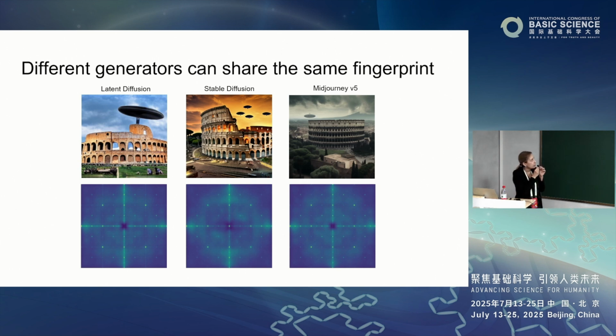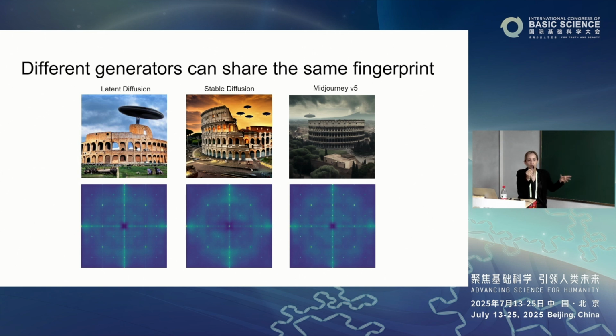So here you can see that we have different generators, latent diffusion and stable diffusion, and then Midjourney, which you are probably more familiar with, a tool that is available online and helps you to generate synthetic images. And you can see that the fingerprint is actually the same.